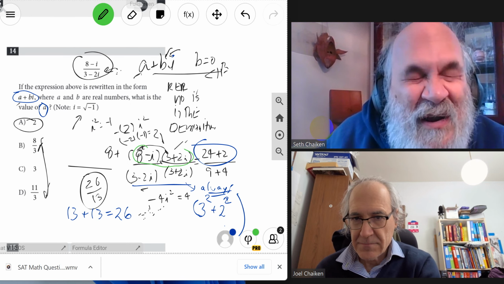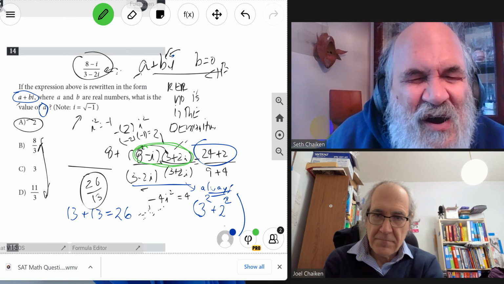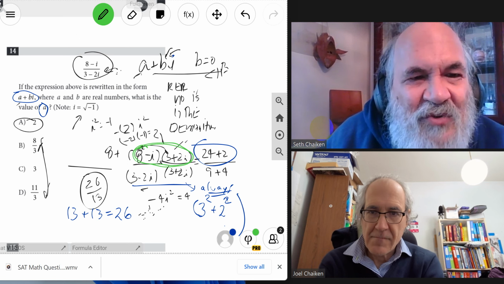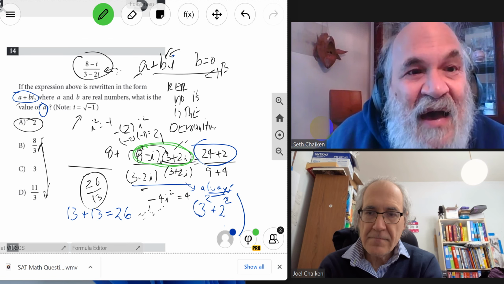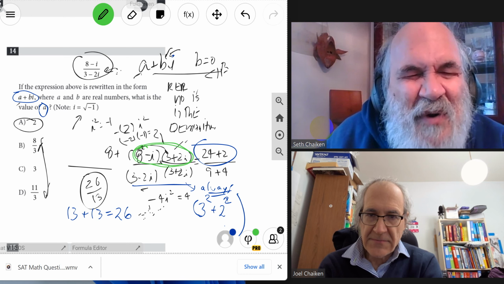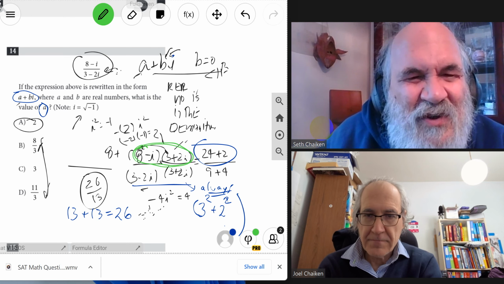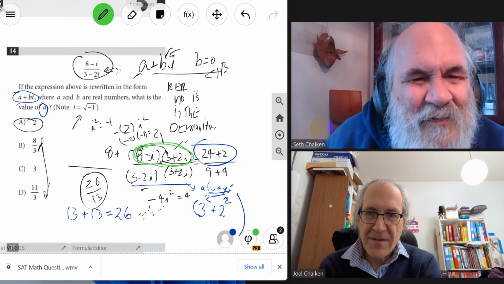The one where the real part of the first factor is multiplied by the imaginary part of the second, and the imaginary part of the first is multiplied by the real part of the second. So you got 8 times 2 plus 8 times 3.